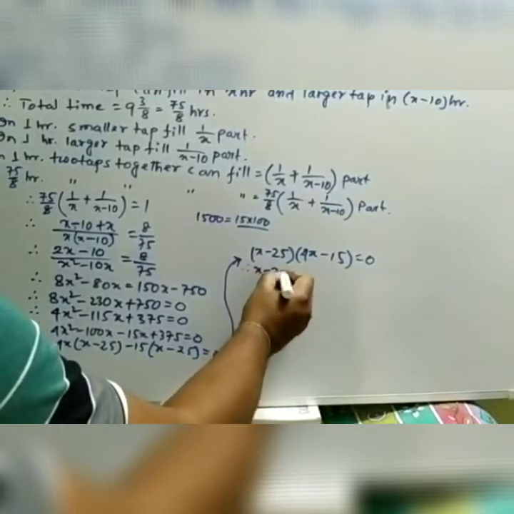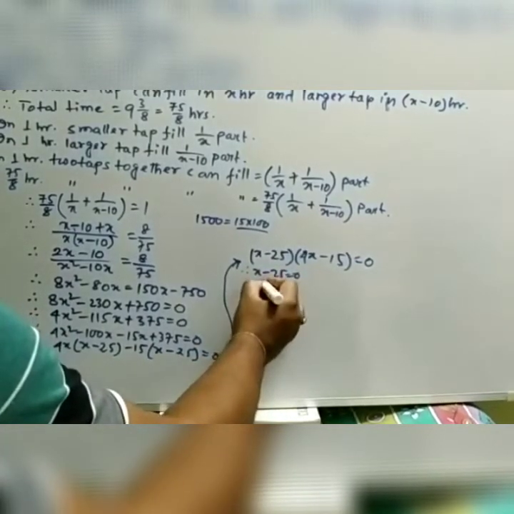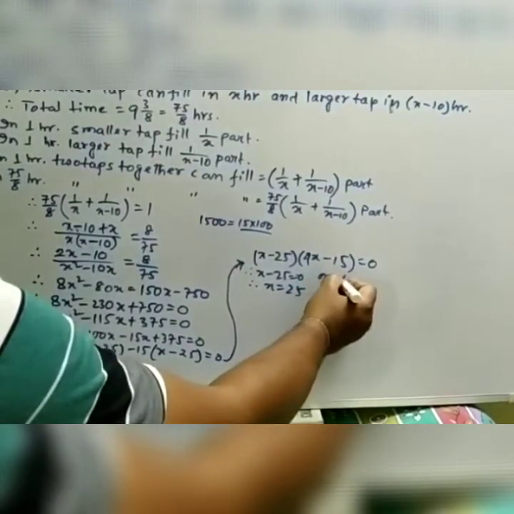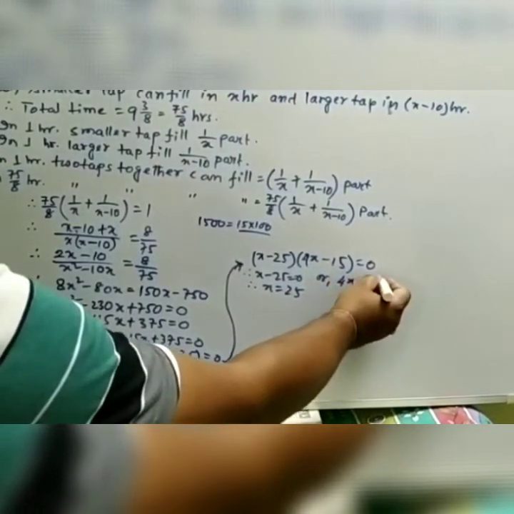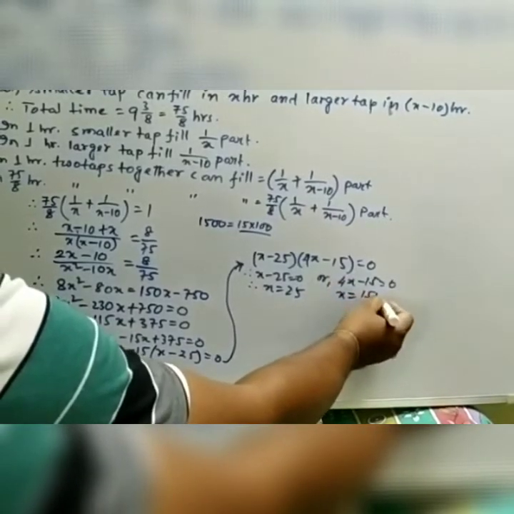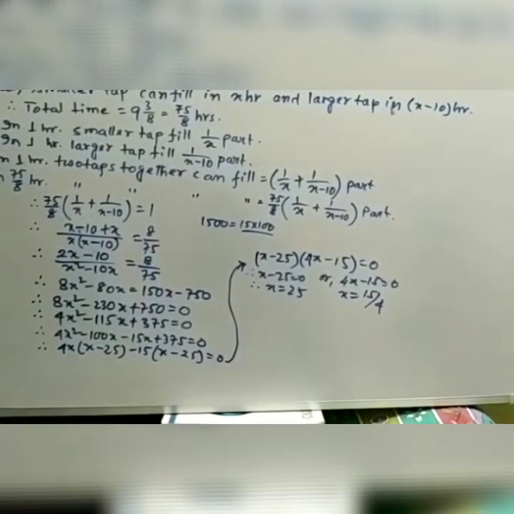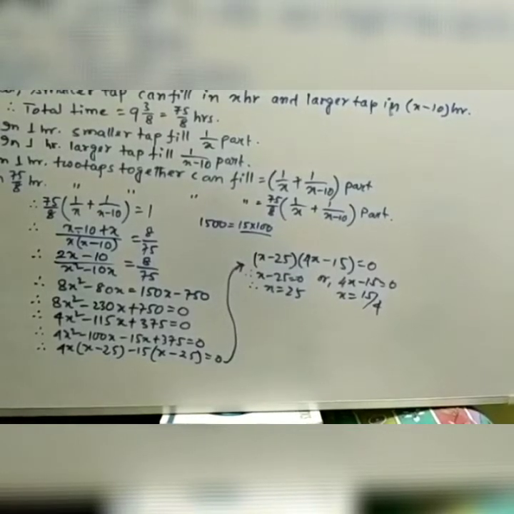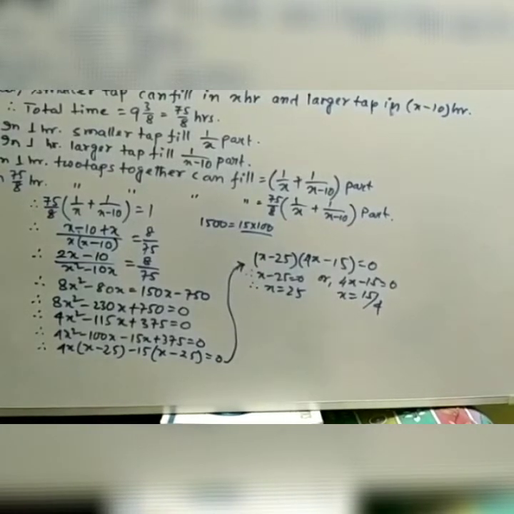So x minus 25 equals 0 gives x equals 25, or 4x minus 15 equals 0 gives x equals 15 by 4. So we got two answers, one is 25 and another is 15 by 4. So which value do we need to take?